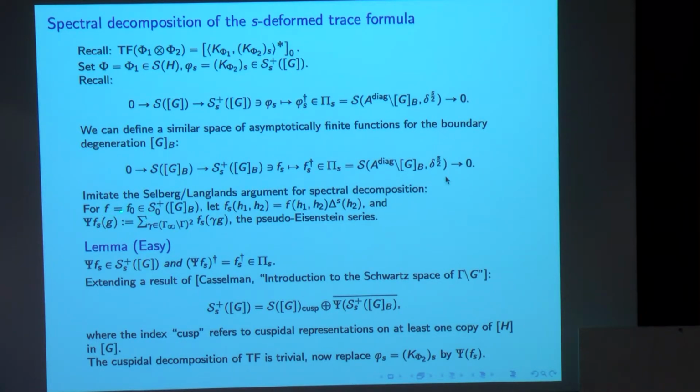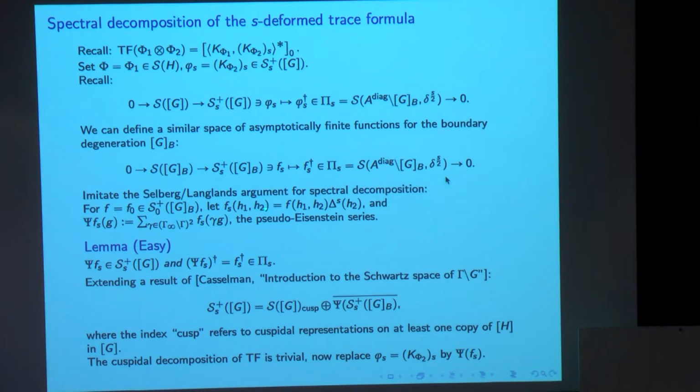take a test function on the boundary degeneration, except that our test function now will not be compactly supported or Schwarz, but it will have exactly the same asymptotics as our kernel function. So we will take f to be a test function on the boundary degeneration which has, towards this divisor at infinity, this multiplicative behavior.